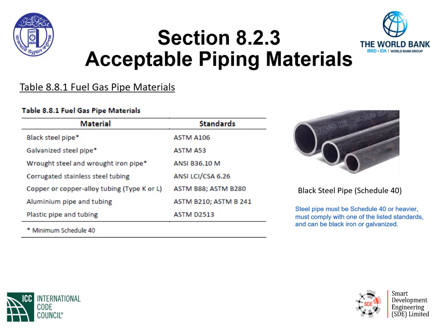When you install the piping materials, it's easy for the inspector to locate the piping, understand the standards due to the manufacturer's stamping on the pipes accordingly. To the right of the table, we have an example. Black steel pipe, Schedule 40. As you can see, steel pipe must be Schedule 40 or heavier, and it must comply with one of the listed standards and can be black iron or galvanized accordingly.